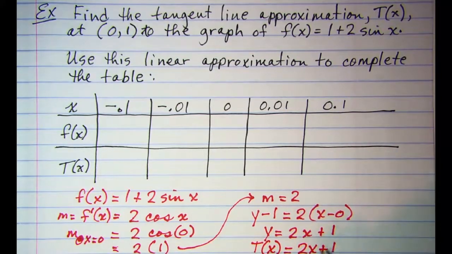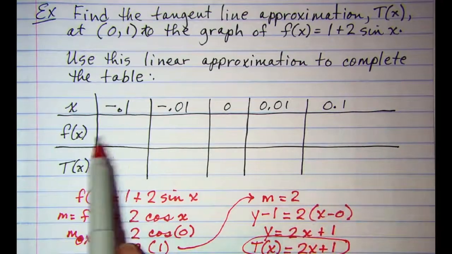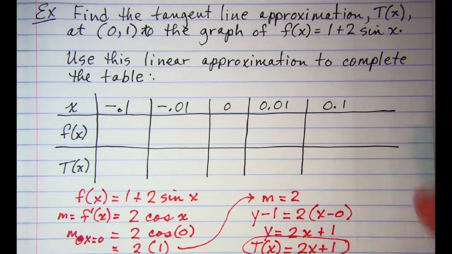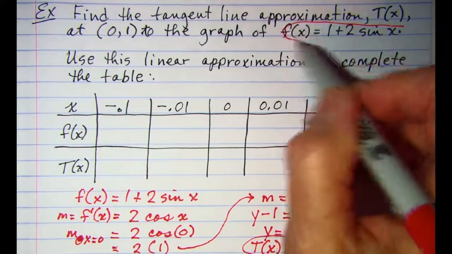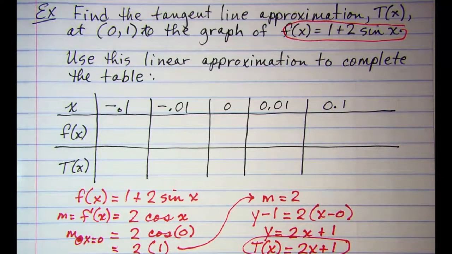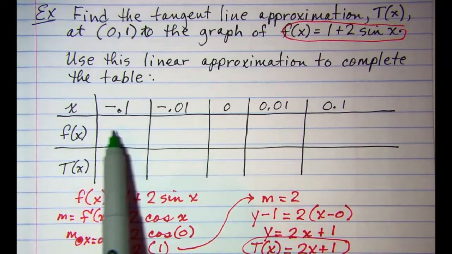Now we're going to use this equation to fill in these cells, and then we'll use this equation to fill in these cells. And they should be very close in value. Let's fill in our f of x first.